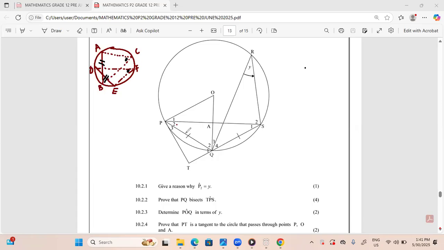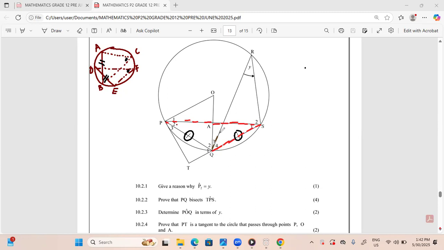So let us look. This chord PQ is equal to chord QS. So when you see two chords that are equal, you look for the angles subtended by those two equal chords. Which angle is subtended by PQ? We see that it's S1. I said the angle must be at the circumference. So S1 is subtended by PQ. Which angle is subtended by chord QS?